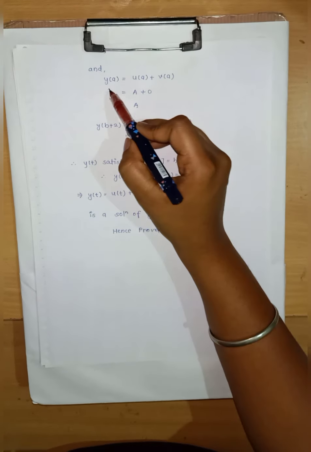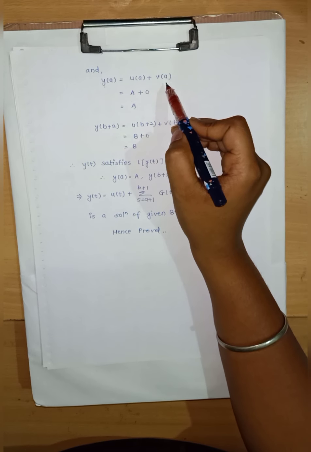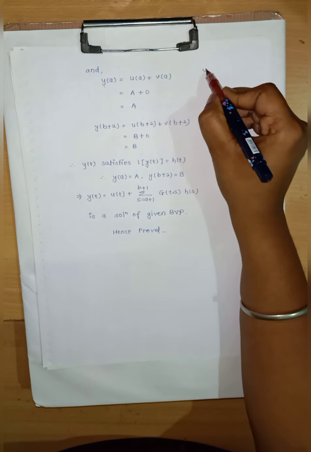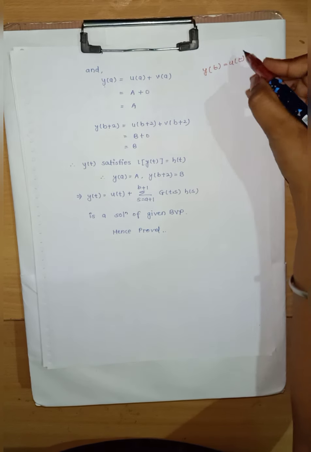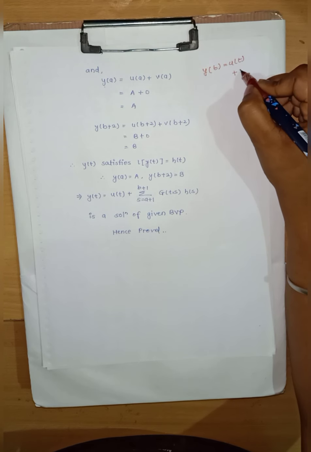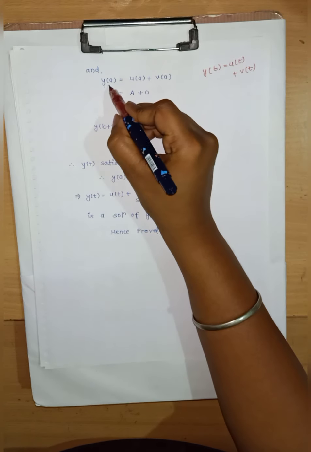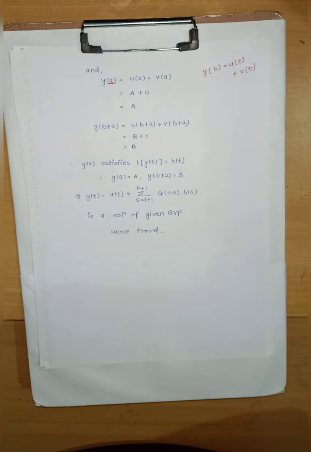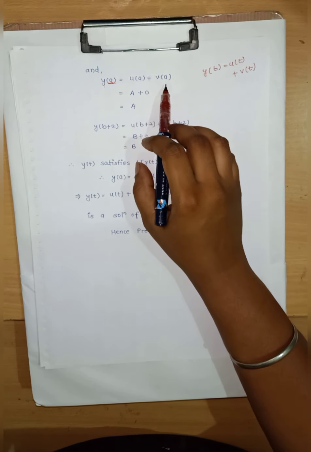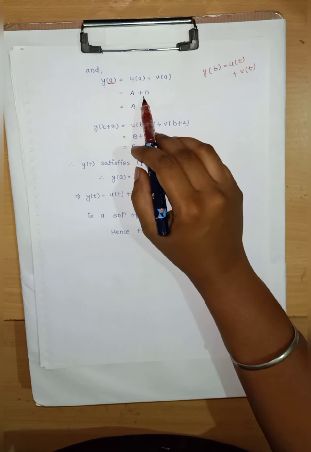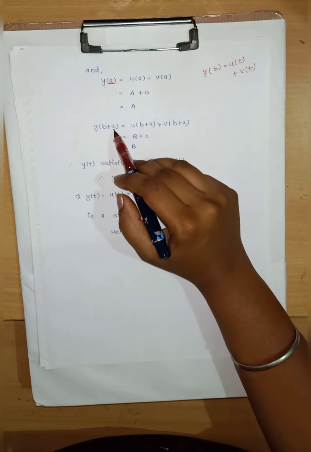And y of a equals to u of a plus v of a. We have y of t equals to u of t plus v of t, and we have put a in place of t. So therefore y of a equals to u of a plus v of a, that is A plus 0, and that is equals to A. Next y of b plus 2.